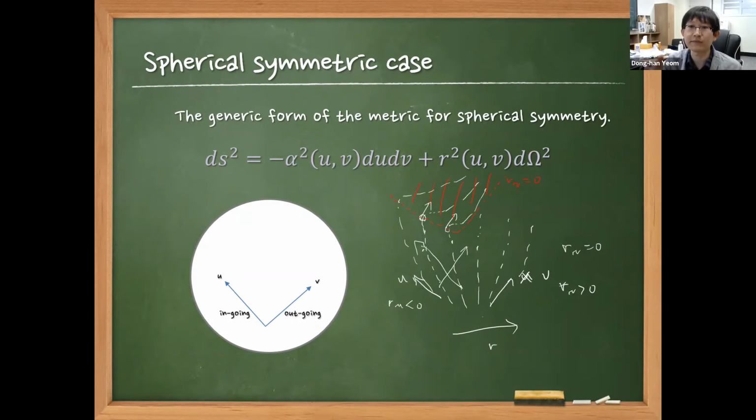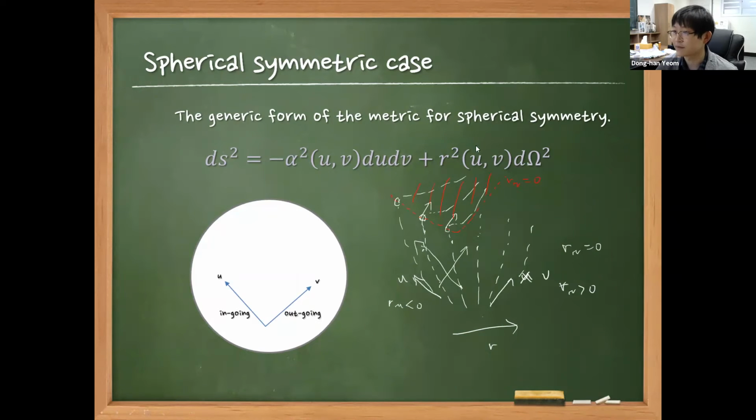Constant R contours are time-like outside the black hole, but inside the black hole, constant R contours are space-like. So at this boundary point, the R contours are in the null direction. So it changes from time-like to space-like direction smoothly.